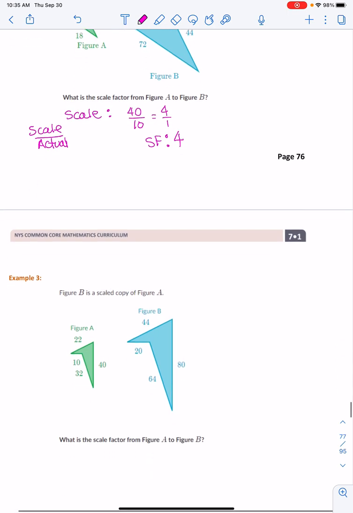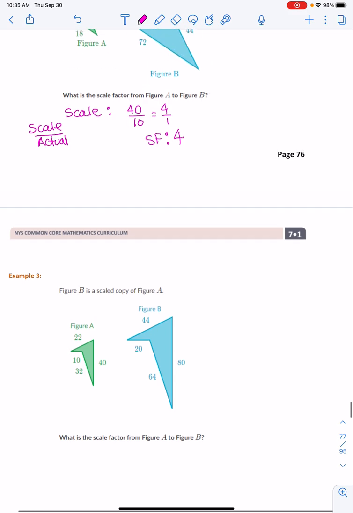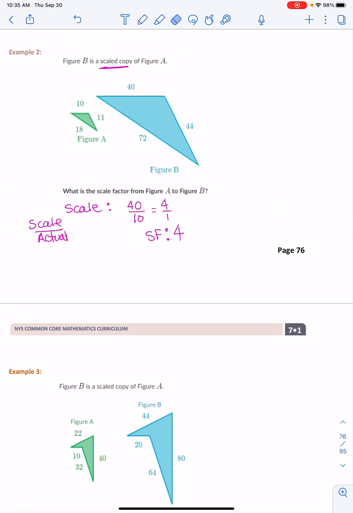Our last problem, we got to change this though, because it wants the scale factor from A to B. Notice it says figure A to figure B. So figure A, I'm going to have 10.